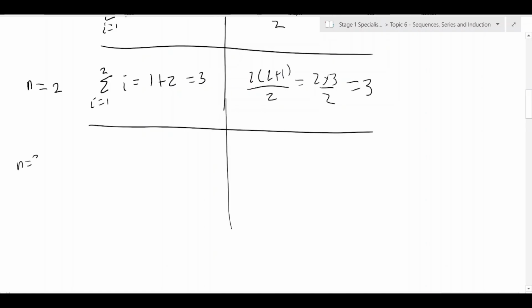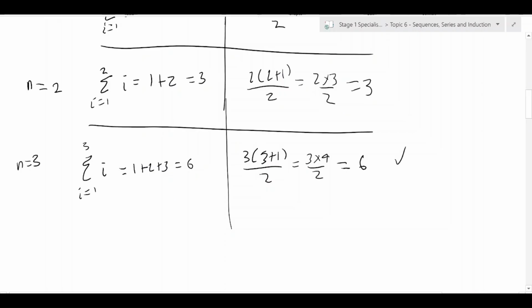n equals 3. So you've got i equals 1 to 3 of i, which is 1 plus 2 plus 3, which is 6. Then on the right hand side, you've got 3 times (3+1) over 2, which is 3 times 4 over 2, which is 6. So yep, P2 is true, P3 is true.